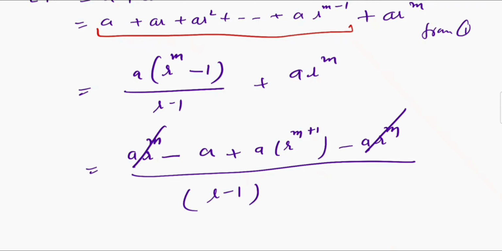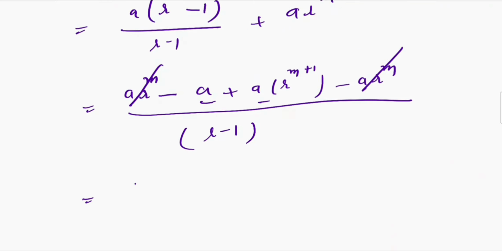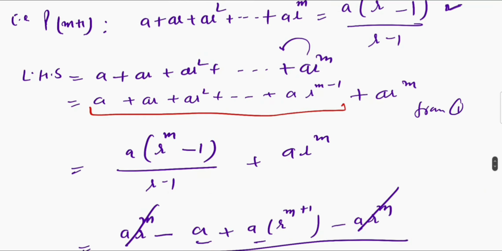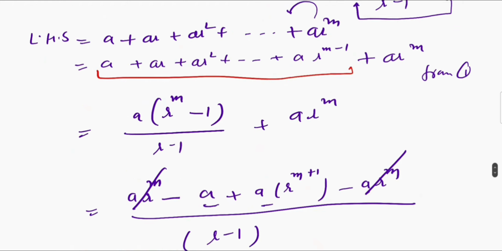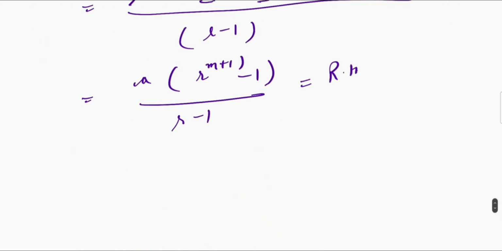So this will get cancelled with this. The a is common, so I'll take it out: a(r^(m+1) - 1) divided by (r - 1). If we see this equation, this is my right hand side.